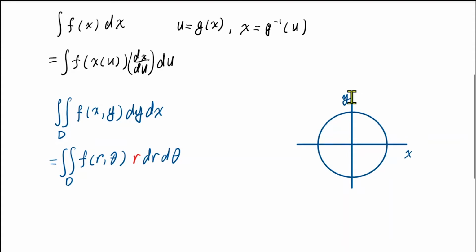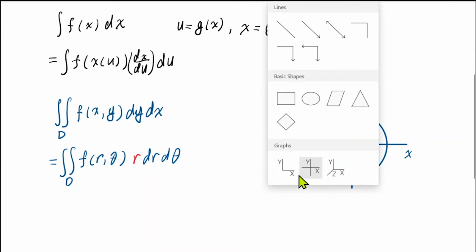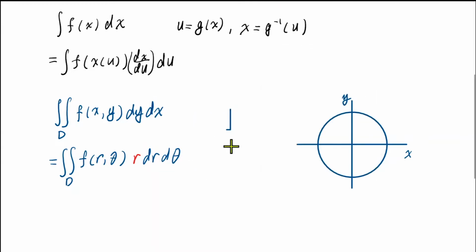But has it ever occurred to you we can actually have r theta coordinate? What does r theta coordinate look like? Well, let's say this side is r, this side is theta, or we can switch it, whatever, right? Okay, so far so good.